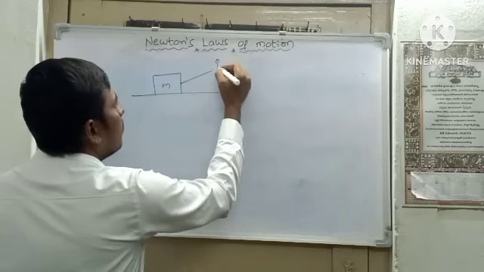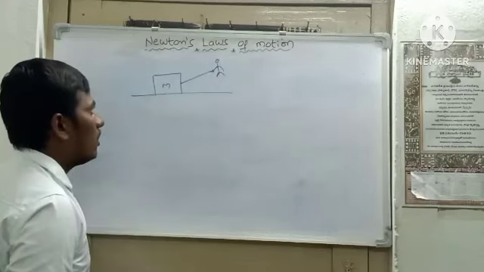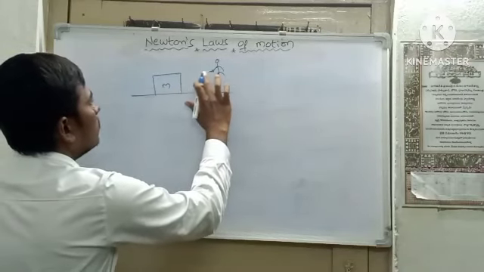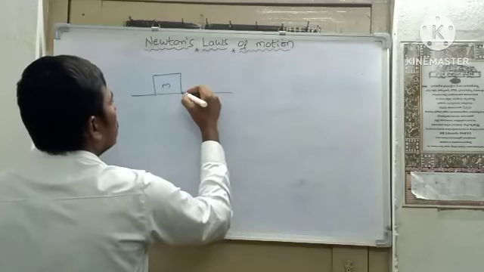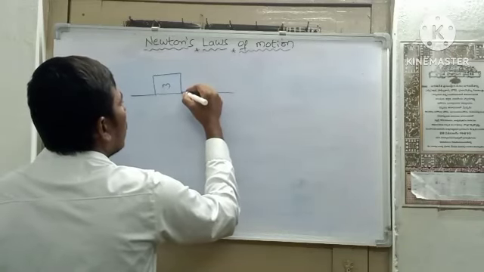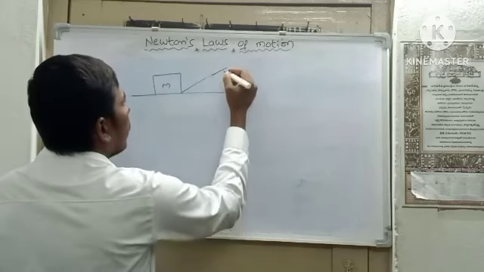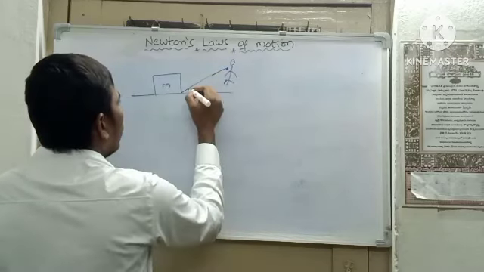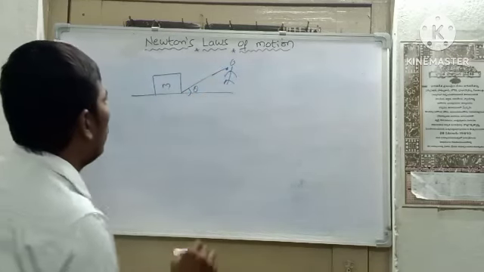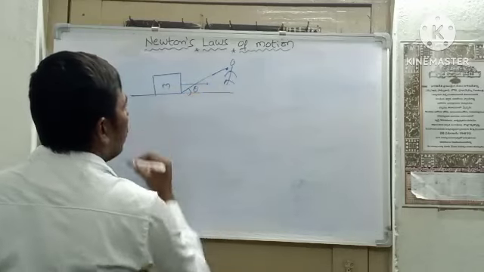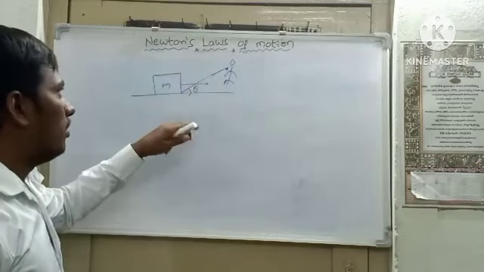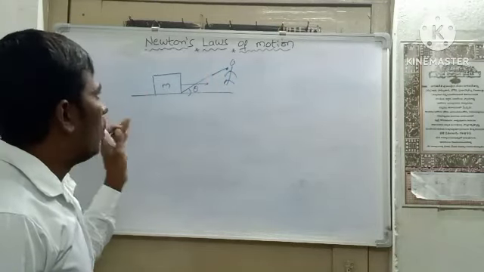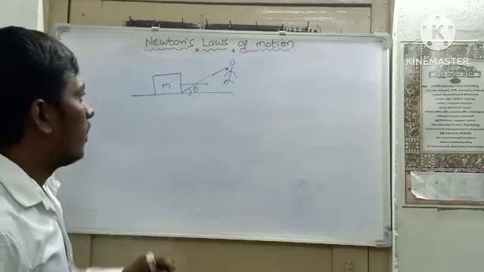A man is pulling the string, taking the angle theta. Means here a body is moving on the table, and a man is pulling the body.